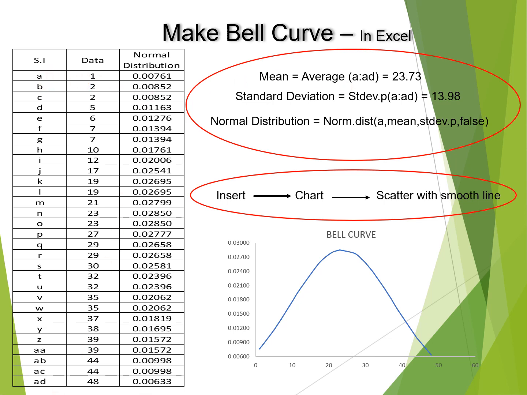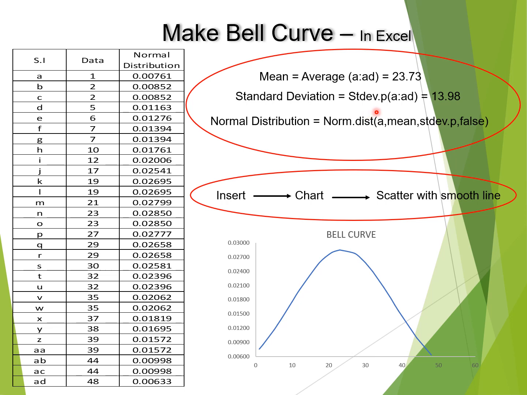The mean of this data comes to 23.73. Then we take the standard deviation of this data by simply using the formula STDEV.P, which is for population, from A to AD.